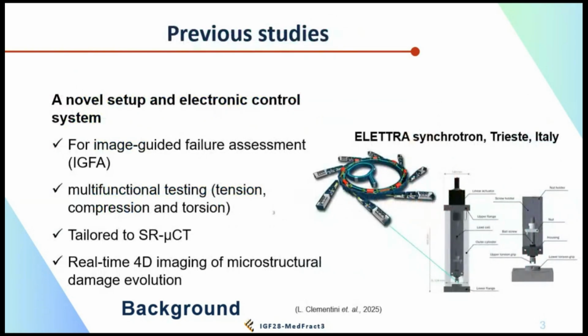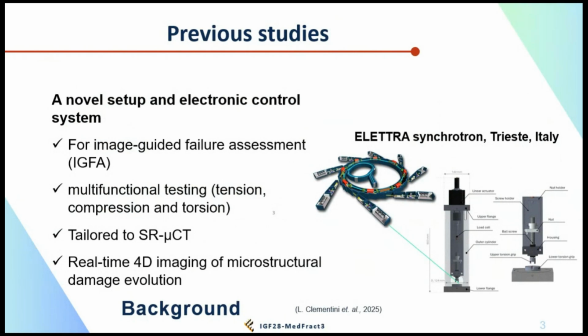long-term support. My colleagues' previous study established a novel setup and a multifunctional in situ testing system for imaging-guided failure assessment of biological materials, for example, woods and bones, using synchrotron radiation-based micro CT.